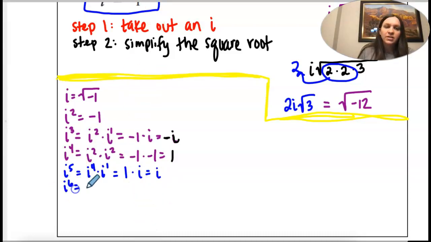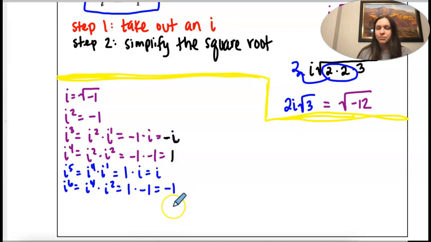And we could keep going. i to the sixth, I would use i to the fourth times i squared, because i to the fourth is 1 and i squared is -1. So that would equal -1. So this pattern keeps going. I got i, and then I got i, and I got -1, and negative 1.